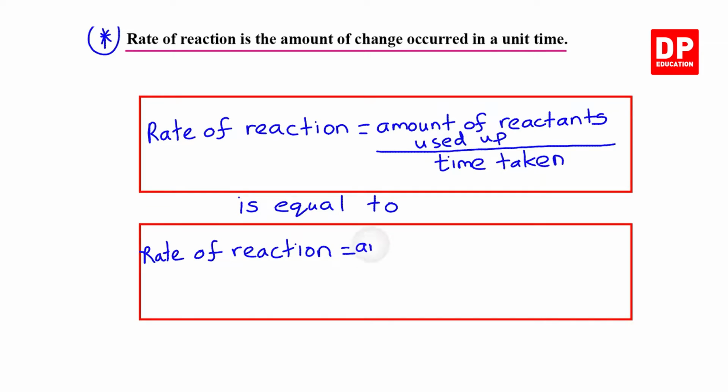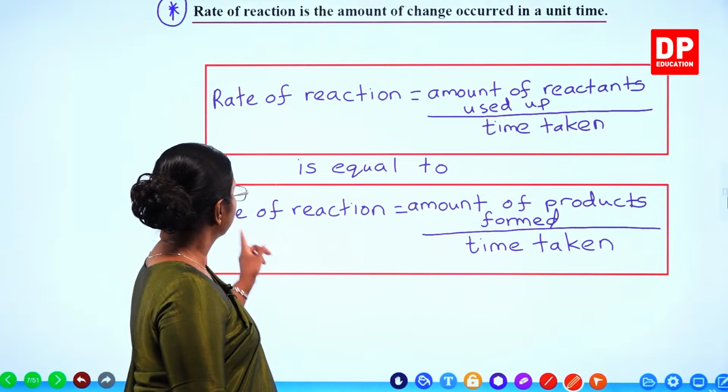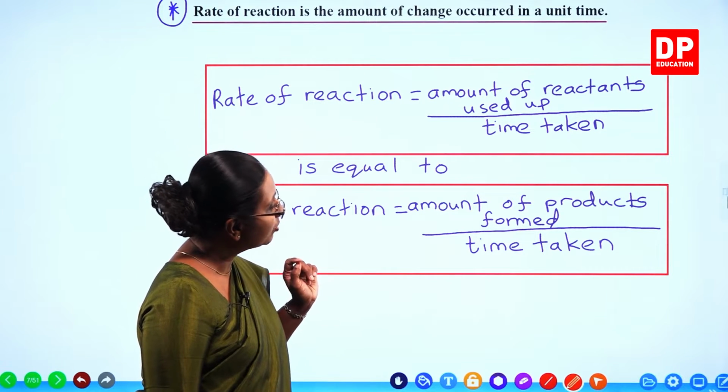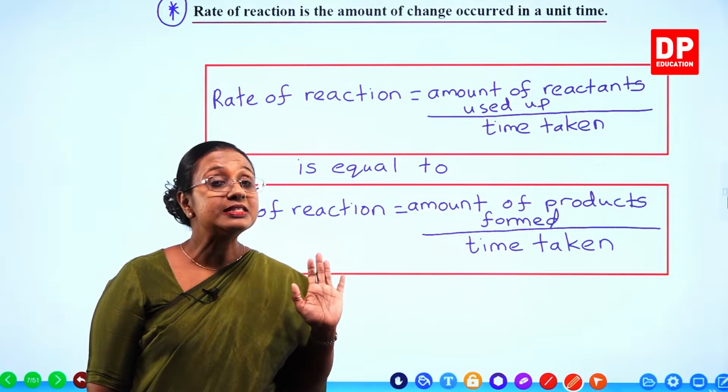So here we can say amount of products formed. That also has to be in a unit time. So we write it as time taken. So rate of reaction equals amount of products formed divided by time taken. Is that clear to you all?